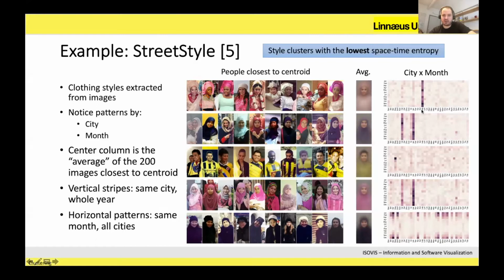This is actually Lagos, the city of Lagos, and it's very clear that the pattern this cluster represents is very, very strong in Lagos throughout the entire year, because it doesn't change. I mean, it changes a little bit, but not much during the entire year, and not everywhere else. It's very weak in the whole world, but it's very strong in Lagos.